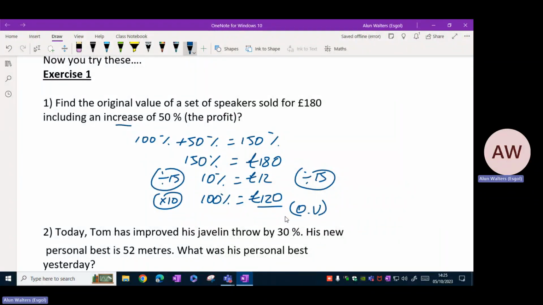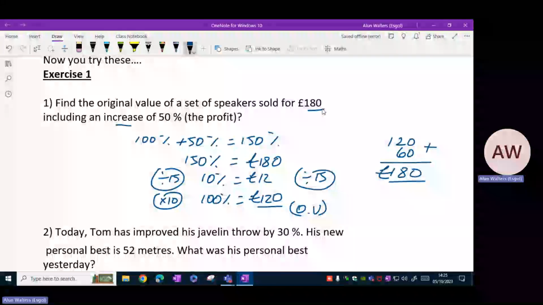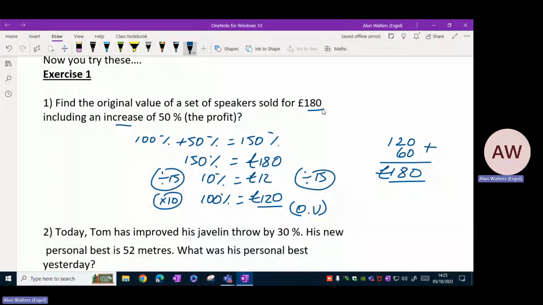And obviously, if I wanted to do a check on that, 50% of 120 is 60. And if I add that on to the 120, I end up with £180, which is this figure here. Okay. As I said, you may have done it another way, but we should start off with that same statement there.